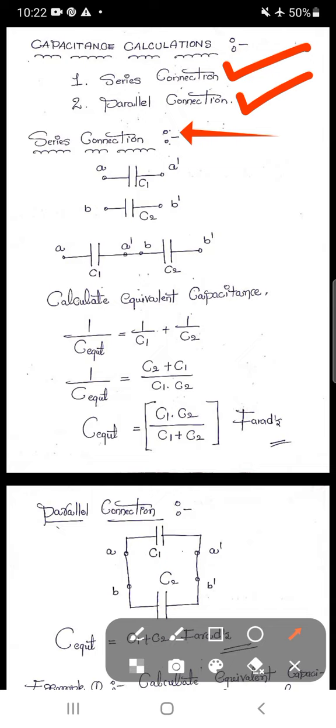C1 has two terminals, A and A dash, and the second capacitor has terminals B and B dash. Each capacitor has two terminals: A and A dash are the two terminals of capacitor C1, and B and B dash are the two terminals of capacitor C2.